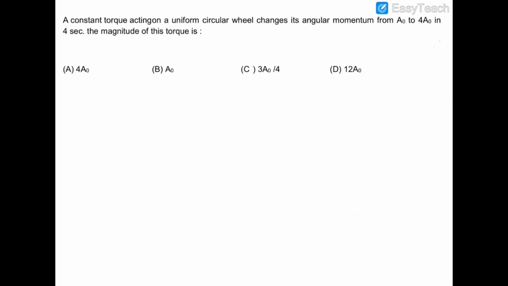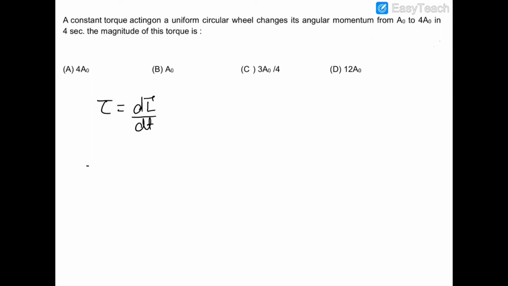In this question, it is given that a constant torque is acting on a uniform circular wheel which is changing its angular momentum from a naught to 4a naught in 4 seconds. So the magnitude of this torque would be. We know that the torque acting on any system is equal to the rate of change of its angular momentum, dL by dt.